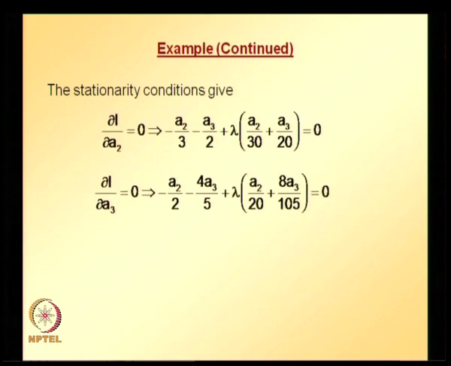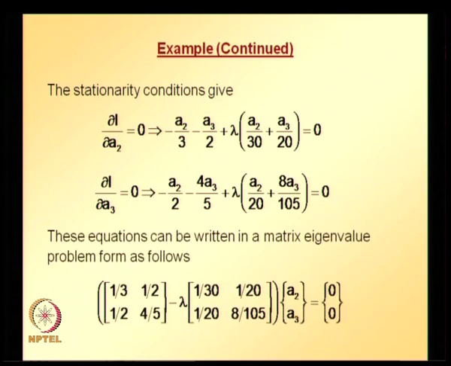Two equations, two unknowns. These two equations can be put in a matrix form, and if you see this equation system, it looks like (A minus lambda B) times x equal to 0, which is an eigenvalue problem.